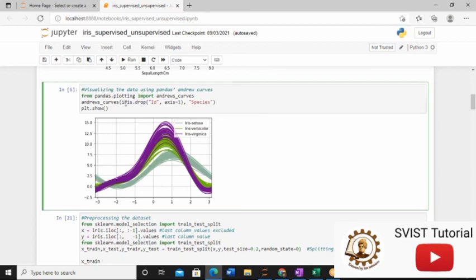If your dataset does not have the ID part, straight away just write andrews_curves, axis equal to 1, and then the name of the attribute. Then plot.show. It's simple, you can use this code, but the visual effect of this Andrews curve is very important. You can use it anywhere.